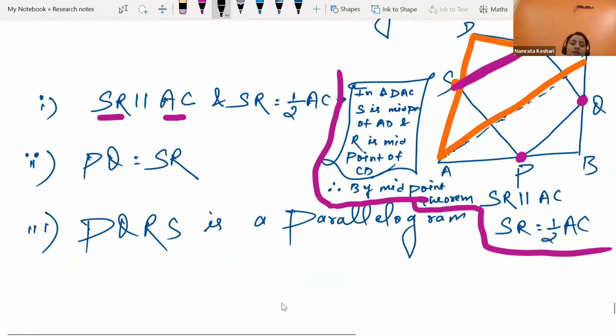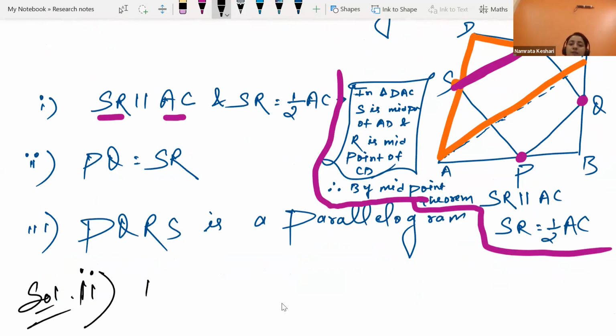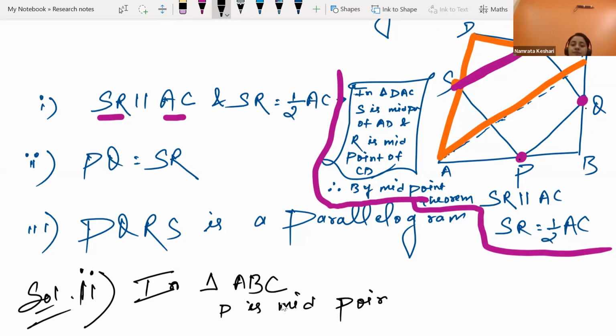Okay, now we have to show that PQ is equal to SR. So again for part 2, we'll be saying in triangle ABC, P is the midpoint of AB and Q is the midpoint of BC. Ma'am, I have taken triangle BAC.